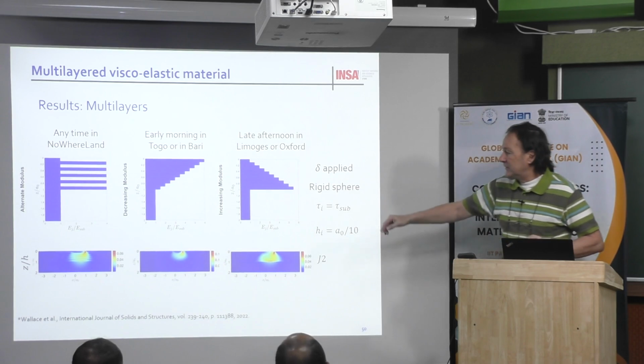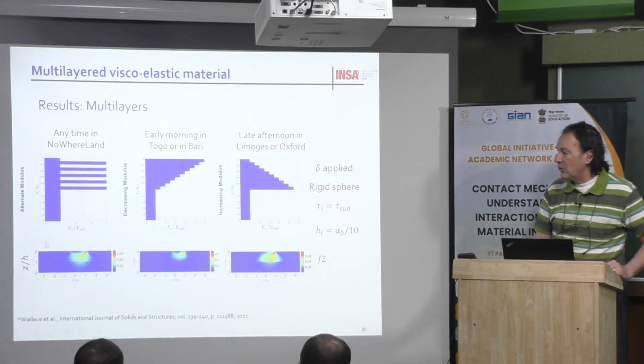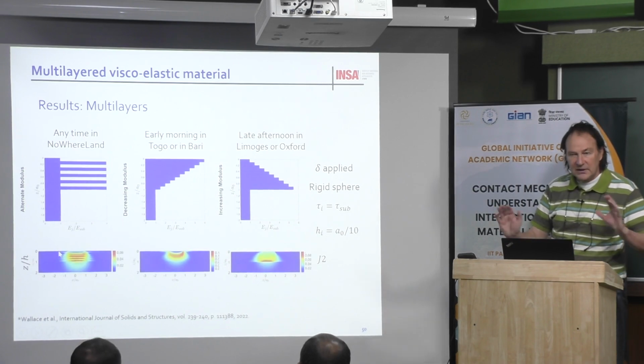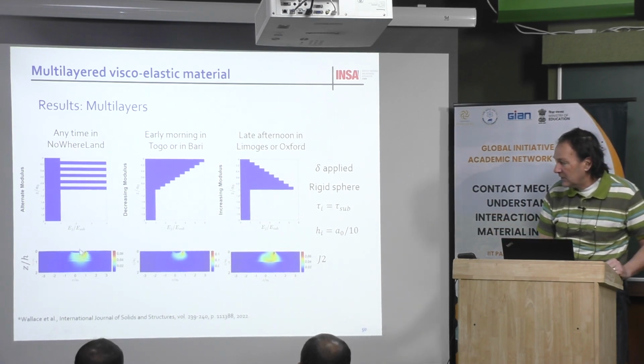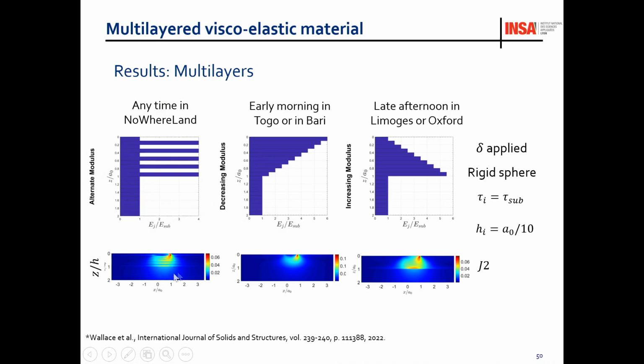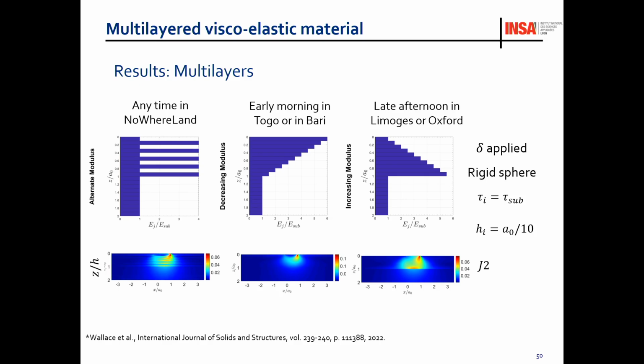And you can see on the bottom view the effect when you have a rolling sphere on that. This is academic, of course, it's a rigid rolling sphere, but you can see very well the different layers. Using animation, first we indent the body, and then we start to roll.